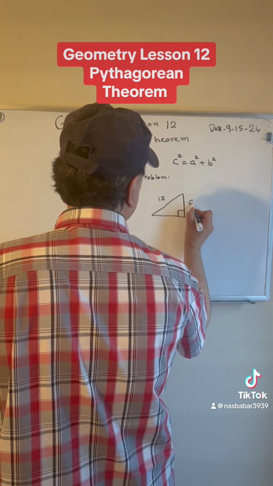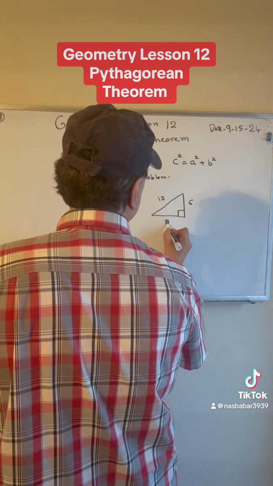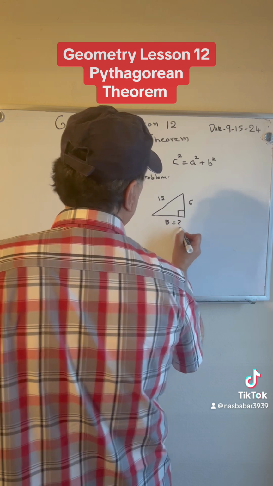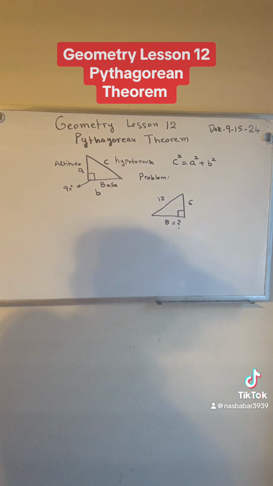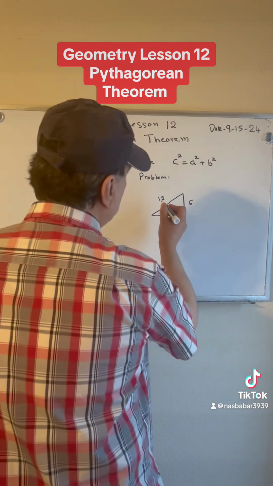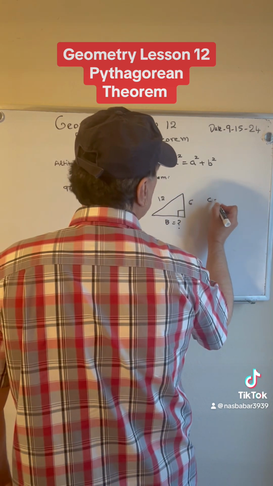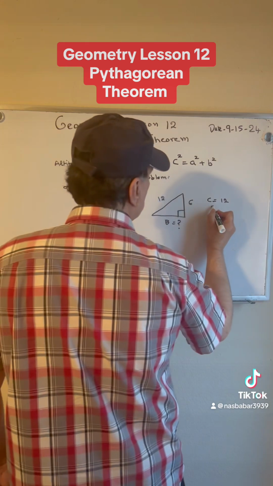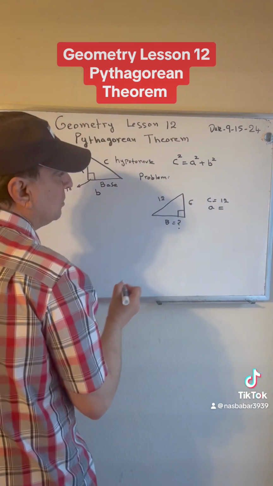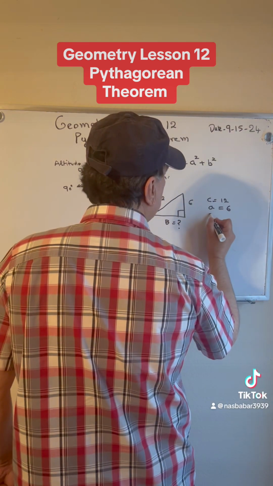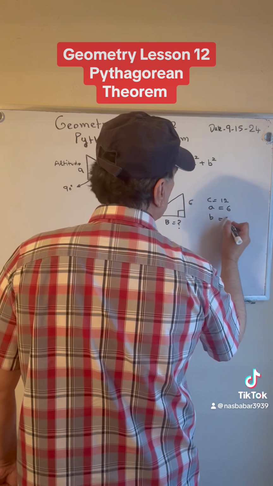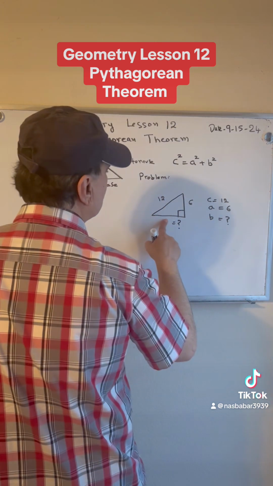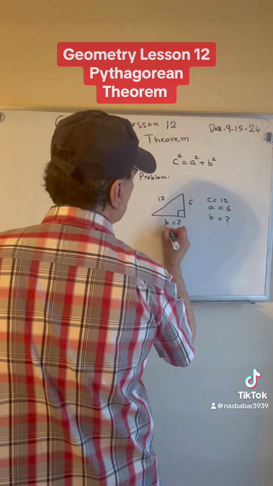This side is A. Base B is what they want you to find out. So how would you solve that? Well, in this particular case, we can say C is equal to 12, A is equal to 6, which is right here, and then B is equal to question mark. Let me make this a small b so that there is no confusion.